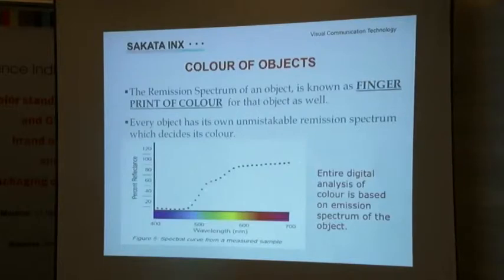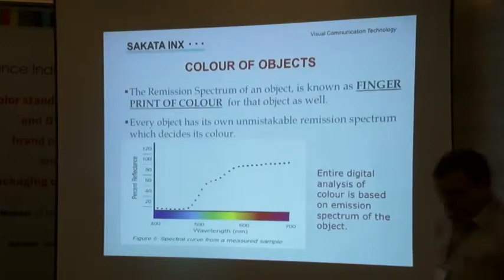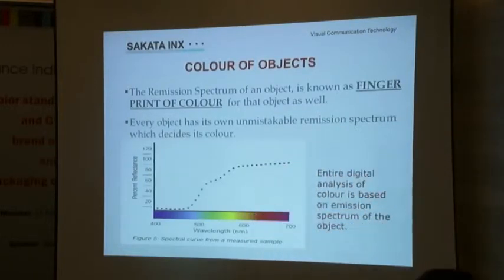Whatever is the reflected wavelength of light, your instrument measures that wavelength in terms of LAB. L is the lightness axis, whether the color is lighter or darker. A is the red-green axis: A positive is red, A negative is green. B is yellow and blue. If B is positive, it is yellower, and if B is negative, it is bluer.